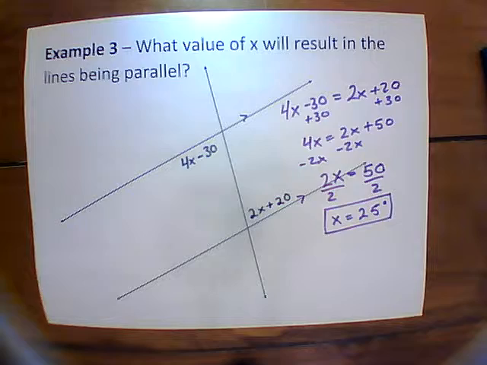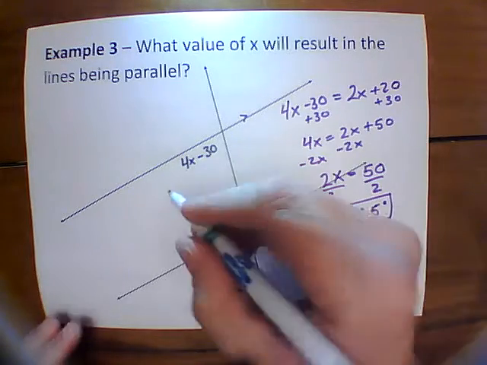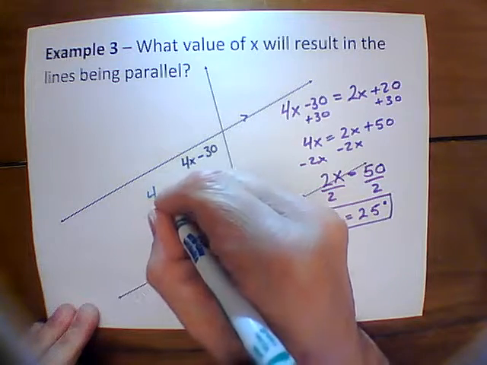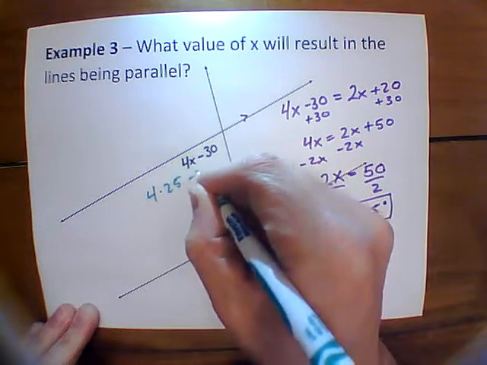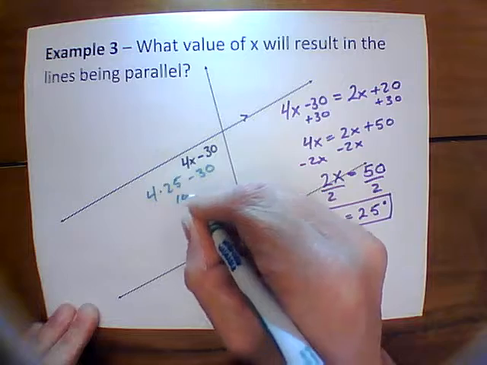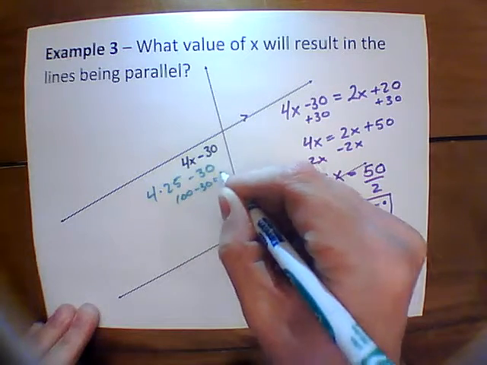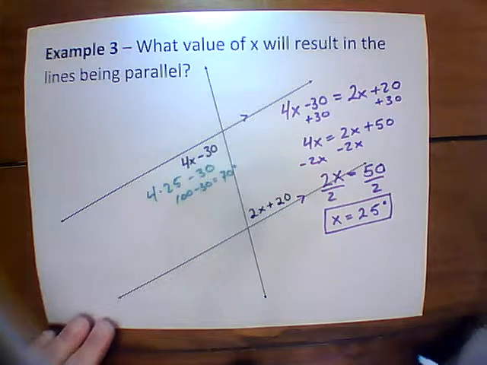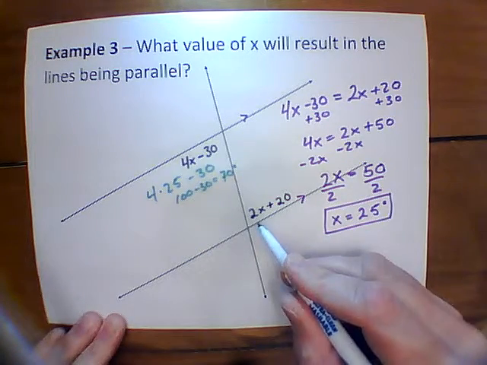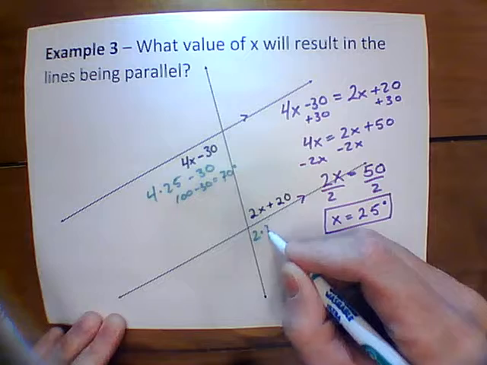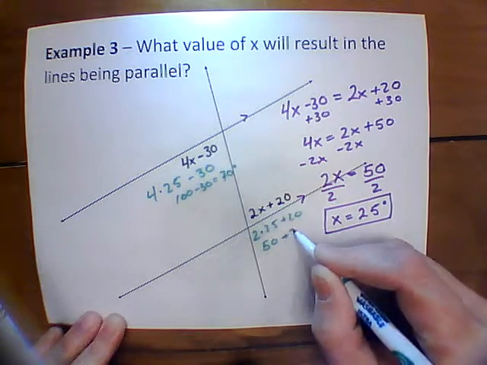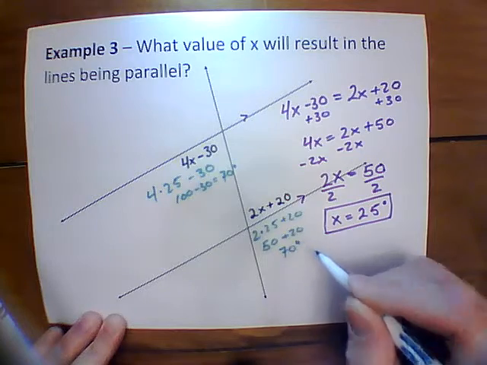Now to make sure we are correct, we can plug in 25 into this equation and figure out what its value is. So 4 times 25 minus 30. 4 times 25 is 100, minus 30 equals 70. So it's saying that this angle right here is a 70-degree angle. We can also plug in 25 right here. 2 times 25 plus 20. 2 times 25 is 50, plus 20 also equals 70.